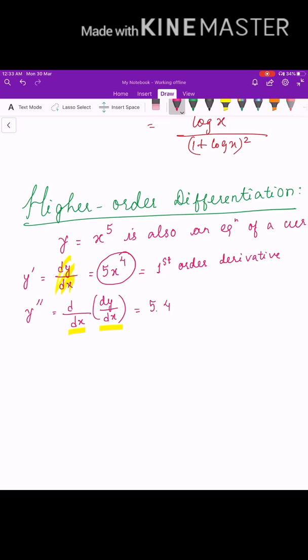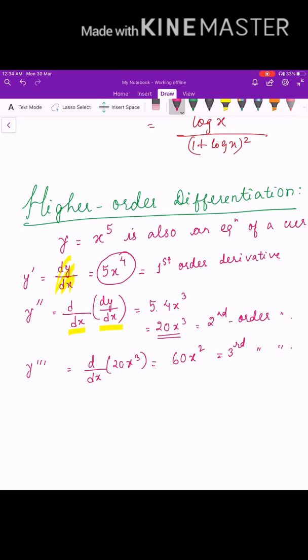So n into x to the power n minus 1. So final answer is 20x cube. This is nothing but the second order derivative. Similarly, I can get third order derivative, where I have to differentiate this expression again. So this becomes 60x square. This is third order derivative.